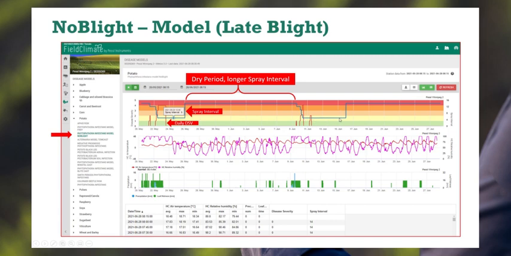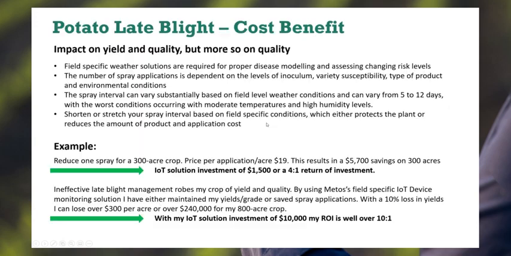So it's providing some guidance on the spray window, and of course that's dependent upon your type of product, contact or systemic, and the control period of that product. So the impact of potato late blight is quite substantial in potatoes, especially on the yield and more so on quality. So we have the ability with field-specific solutions for proper disease modeling and assessing the changing of risk levels.